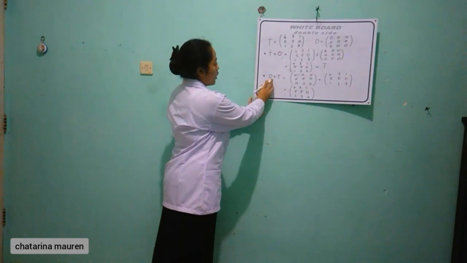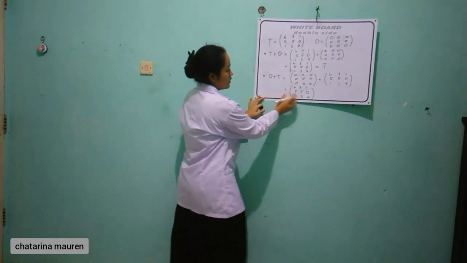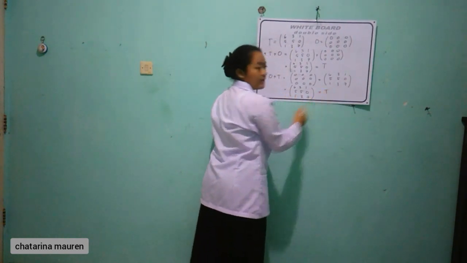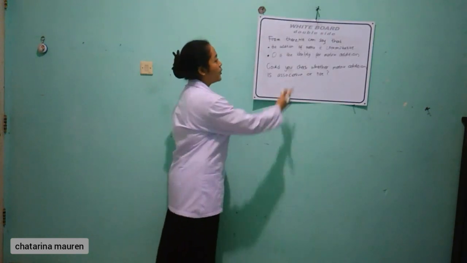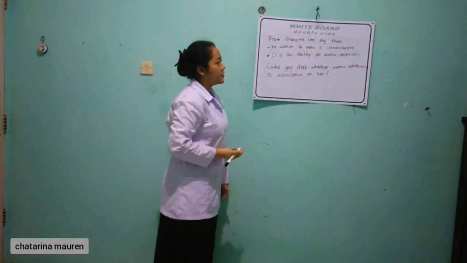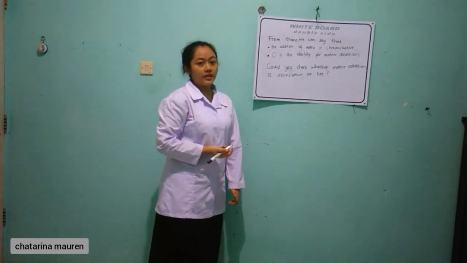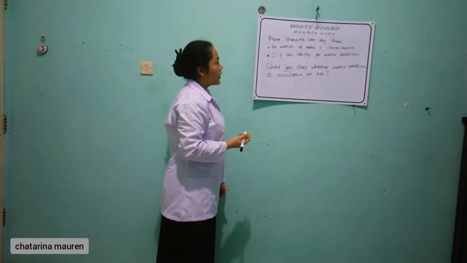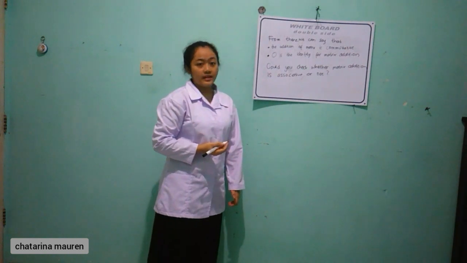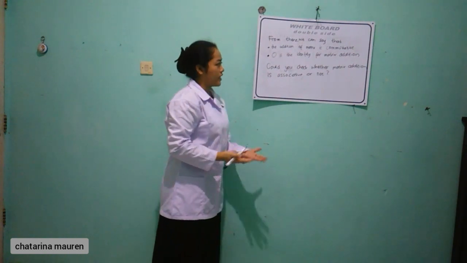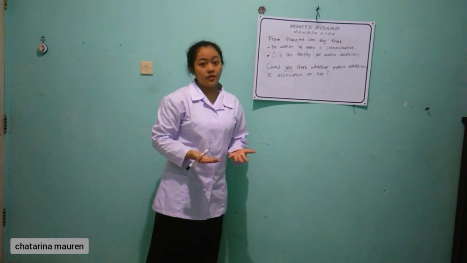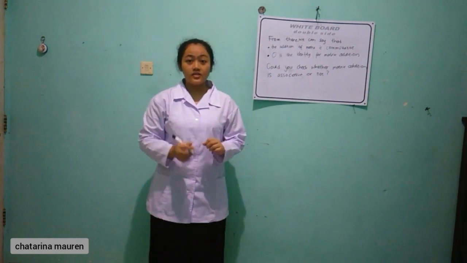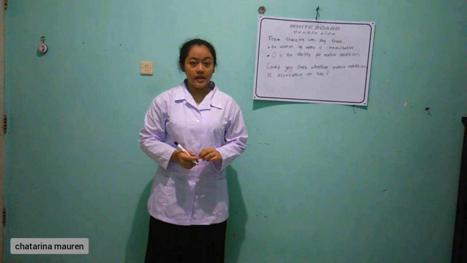And for O plus T, it equals also T itself. From there, we can say that the addition of matrices is commutative, and O is the identity for matrix addition. Could you check whether the addition of matrices is associative or not? Yeah, that's all for matrix addition.